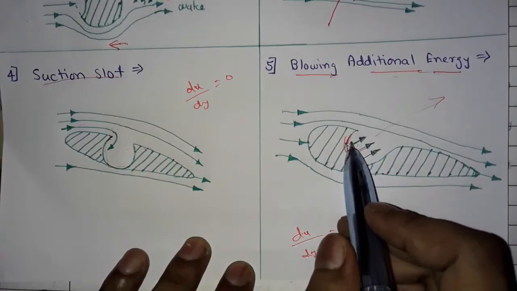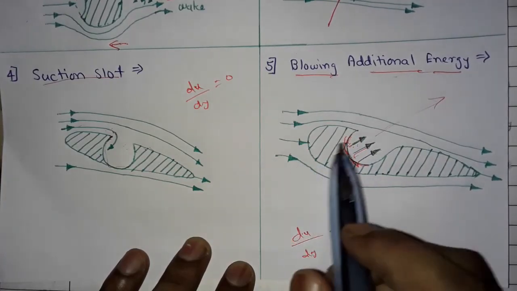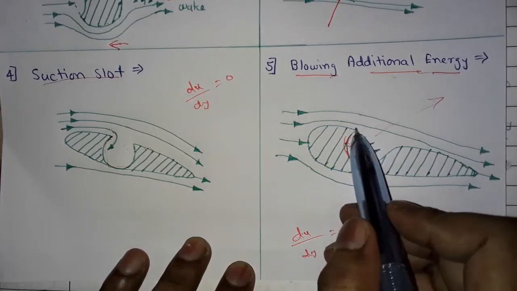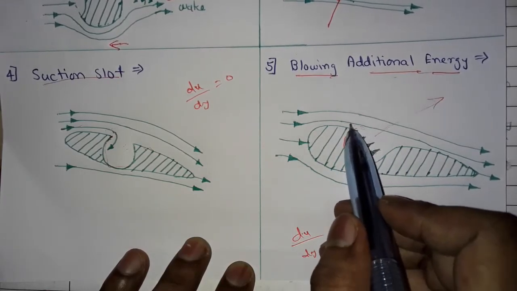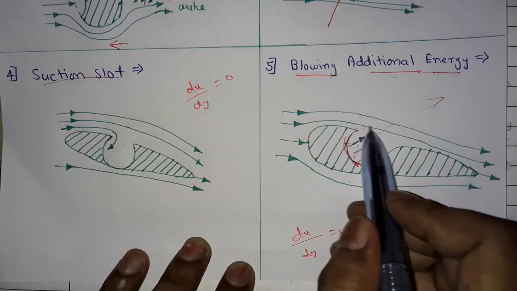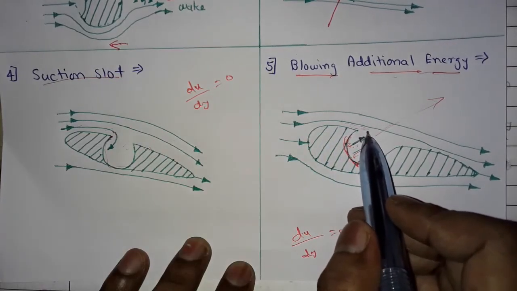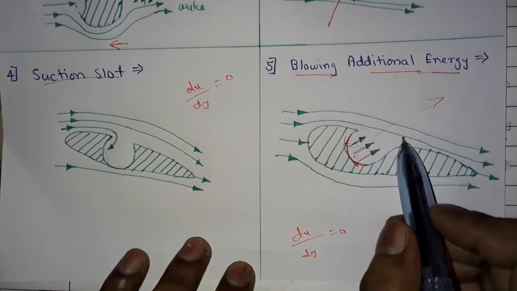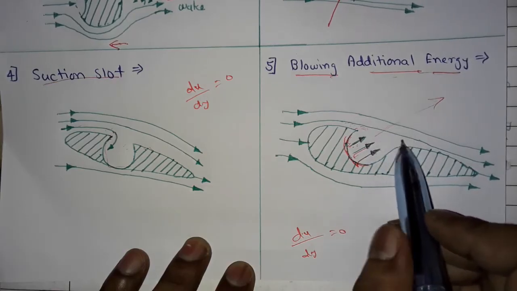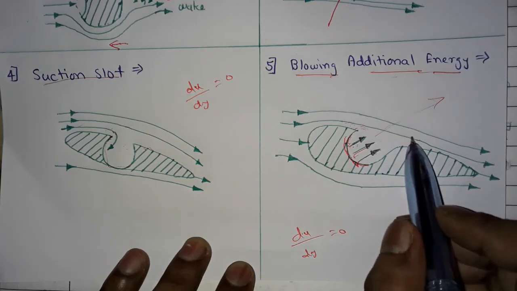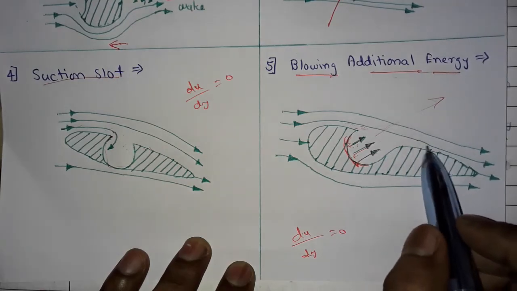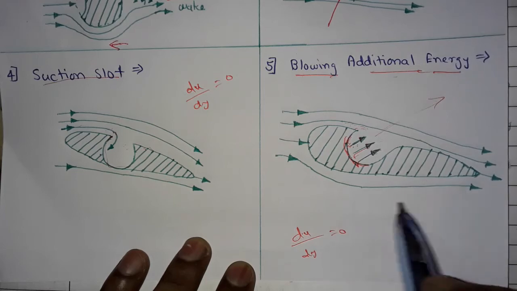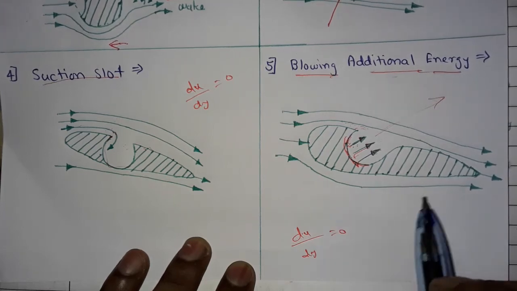Because of this forced fluid, the fluid which retards here gets velocity, and because of this gained velocity, the boundary layer separation does not occur in this case.